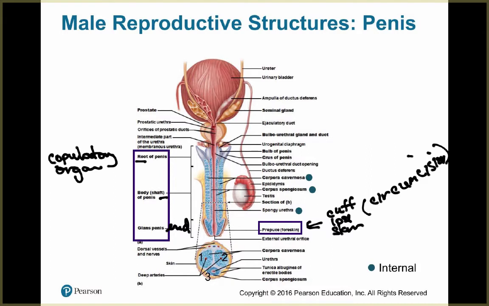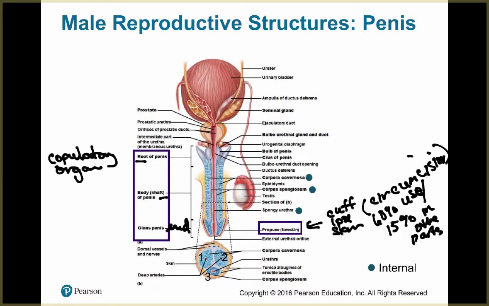And this is kind of interesting. It's pretty common in the U.S. About 60% of the male population in the U.S. is circumcised. But if you look at the world, it's only about 15%. So no, not as common.